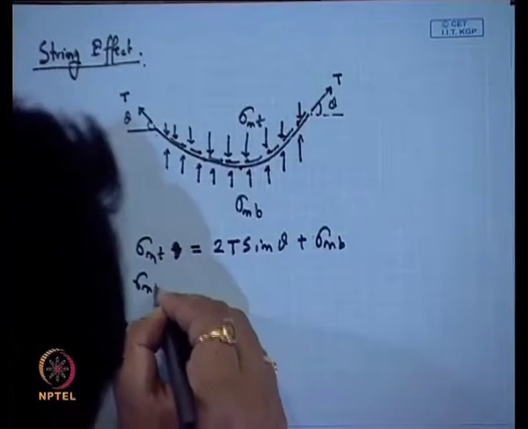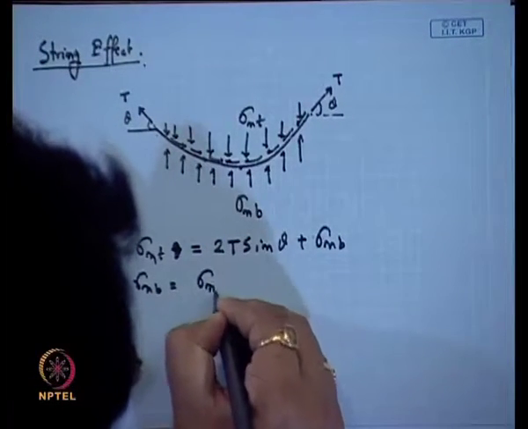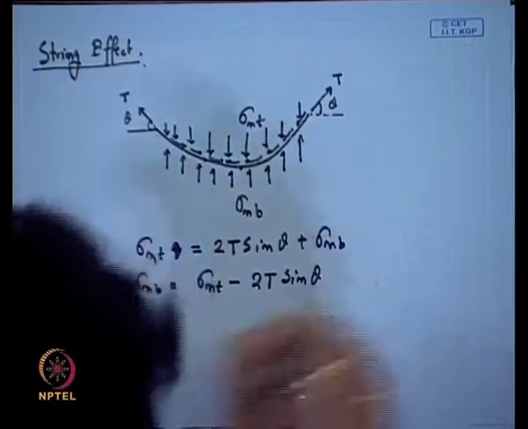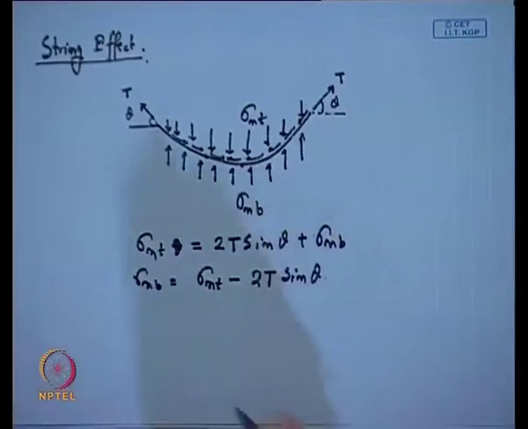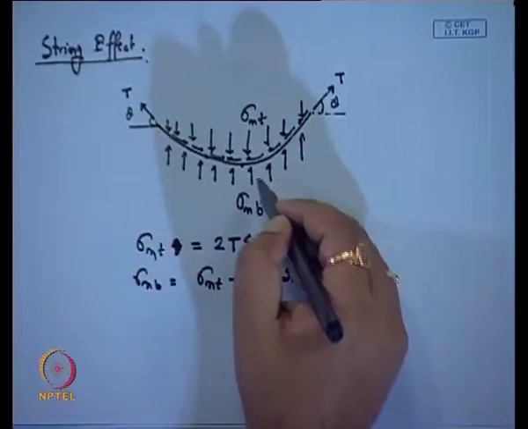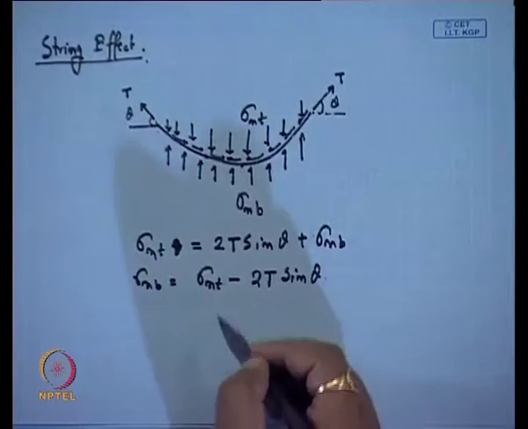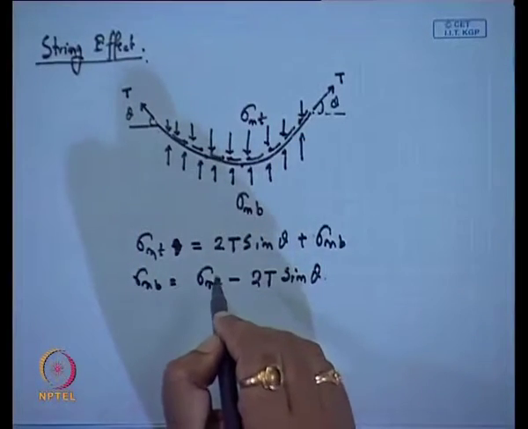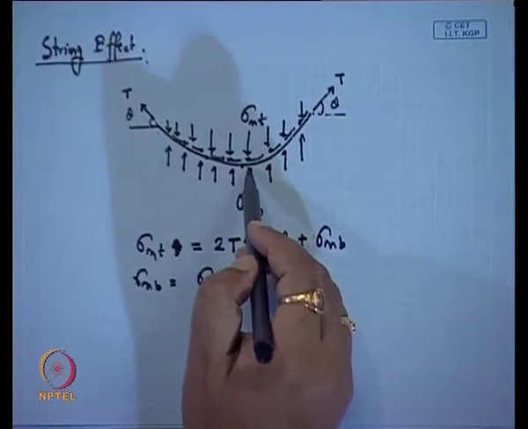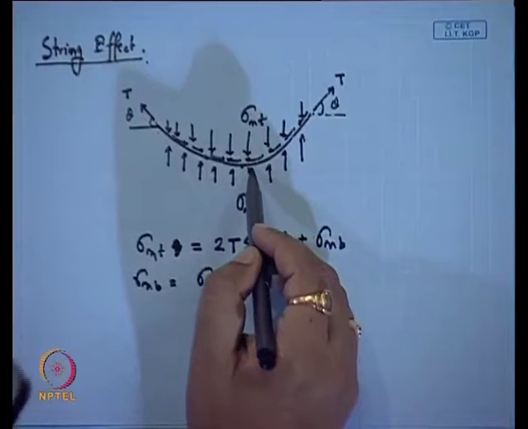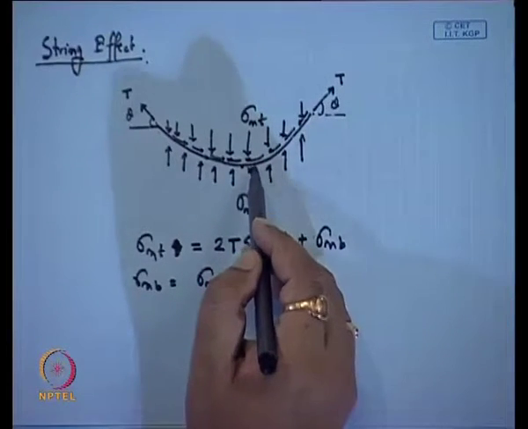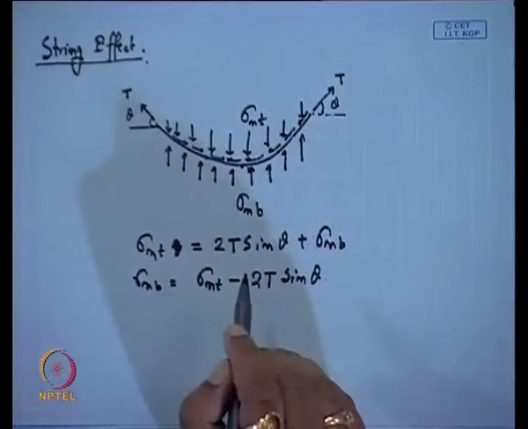So, sigma n b is equal to sigma n t minus 2 T sin theta. That means the stress below the reinforcement is less as compared to the top. If I compare the vertical stress at the top level and the bottom level, the bottom level stress is less.